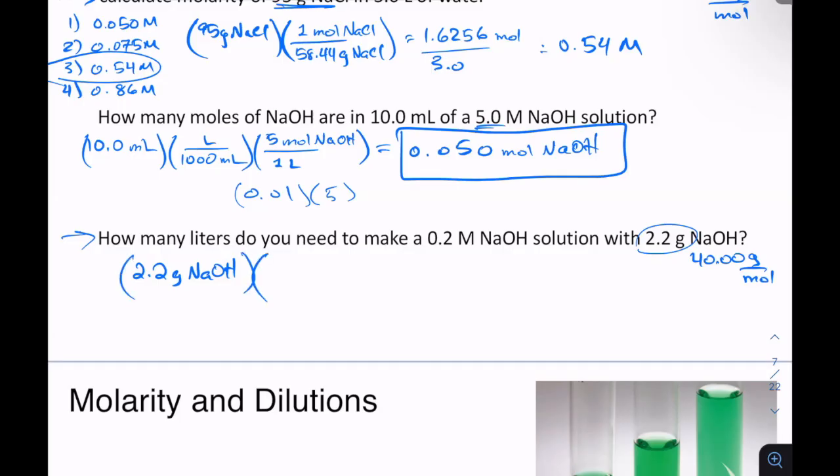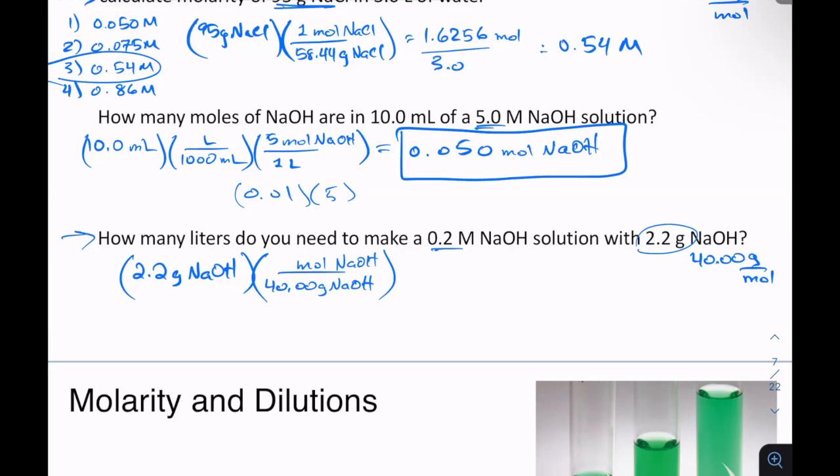Okay. We need the molar mass, which we just calculated, is 40.00 grams of NaOH per mole of NaOH. And this is the molarity that we want to get to. And we're asked how many liters do we need to get there?